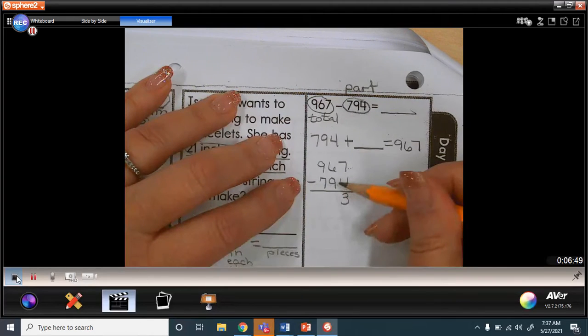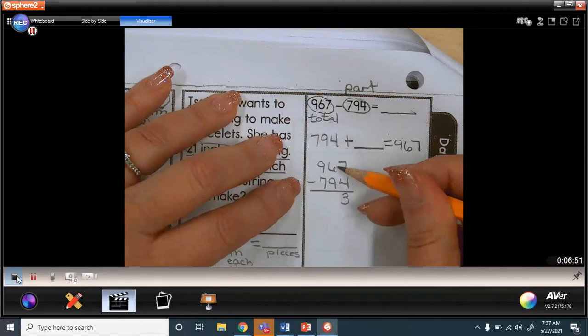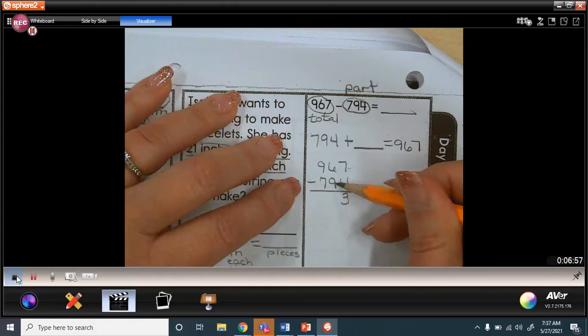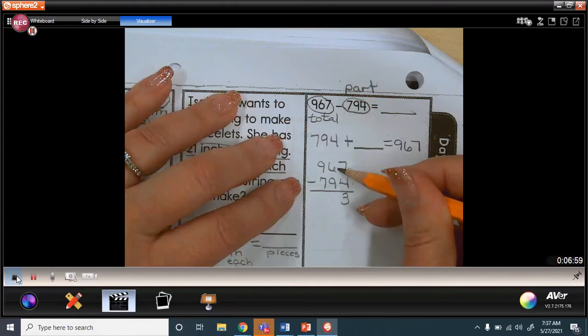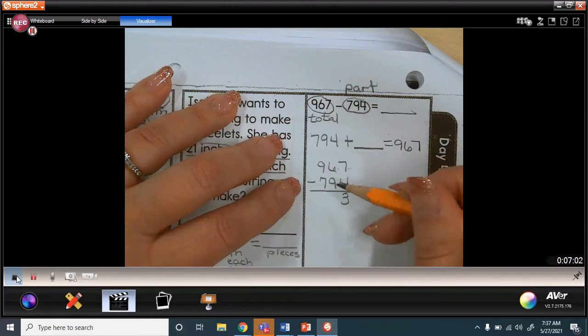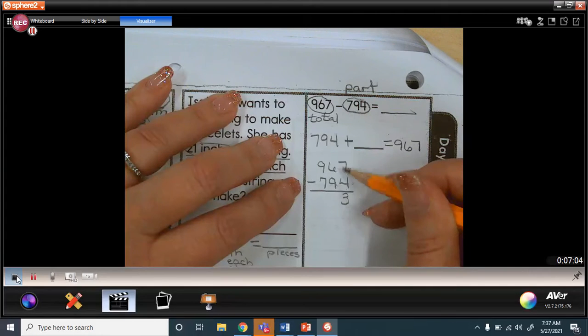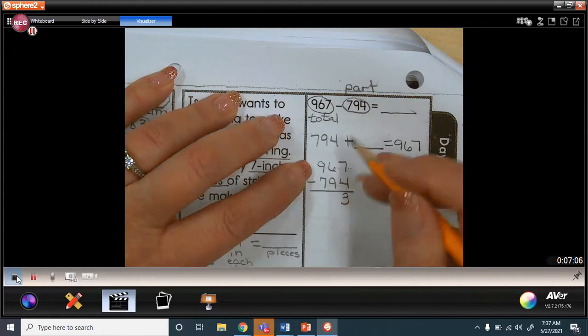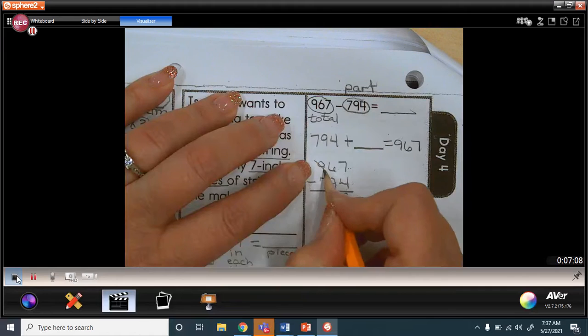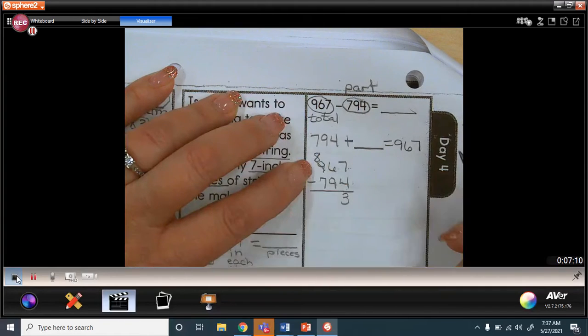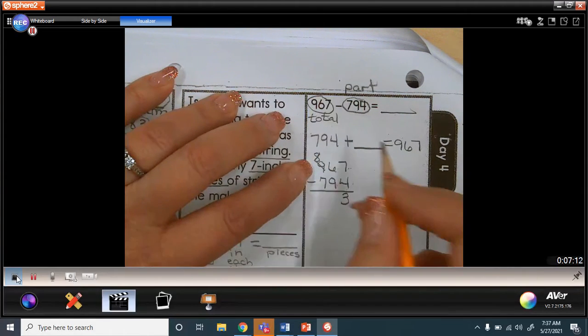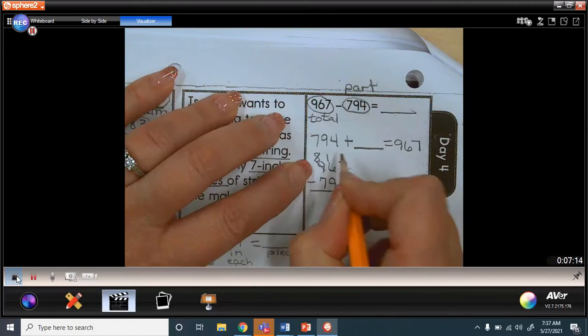Now let's take a look at our tens place. We have 90, and from that we're trying to subtract it from the 60. And so that tells us we have more than what we have to start with. And so in this tens place, I'm going to have to use one of my hundreds to help me subtract. And I'm going to use one of those hundreds, and I'm going to regroup it as 10 tens.